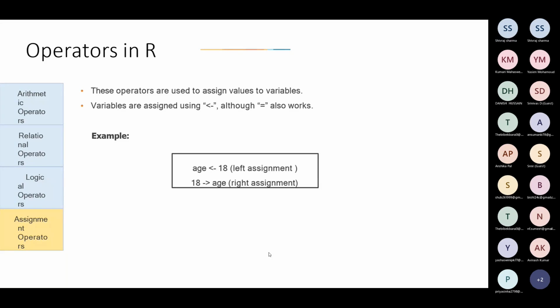Whatever you want to assign to any value, whatever preference you want to give, whether you first define the variable or first you want to assign the value, in the same way they will execute also. If you want to execute your value first, then you will use right assignments.